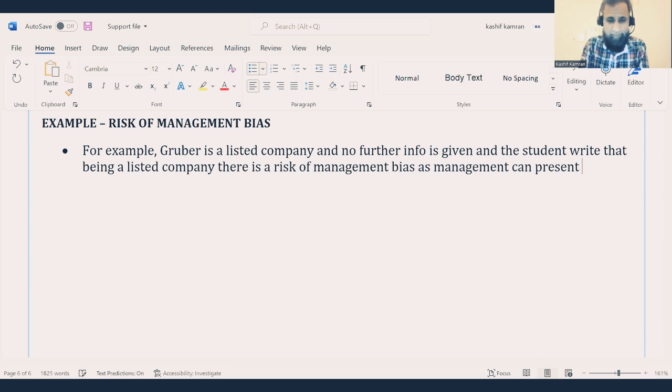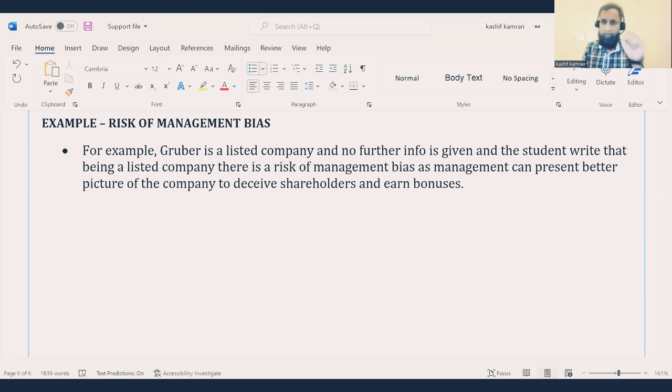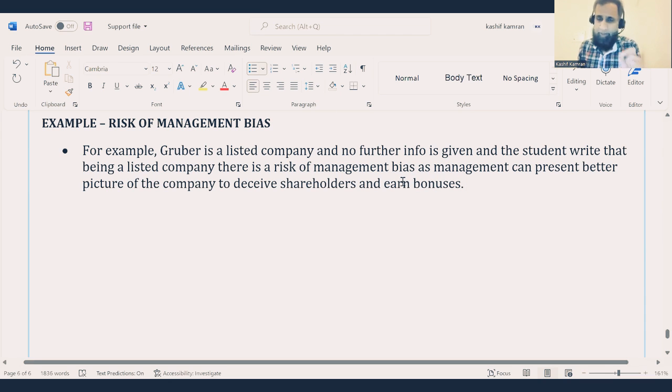As management can present a better picture of the company to deceive shareholders and earn bonuses. Full stop. Look at this. For example, Grubber is a listed company and no further information is given in the case study, and the student writes that being a listed company, there is a risk of management bias as management can present better results of the company to deceive the shareholders and earn bonuses.